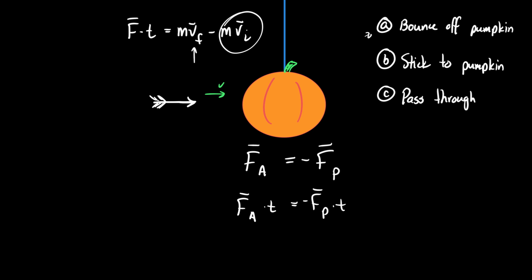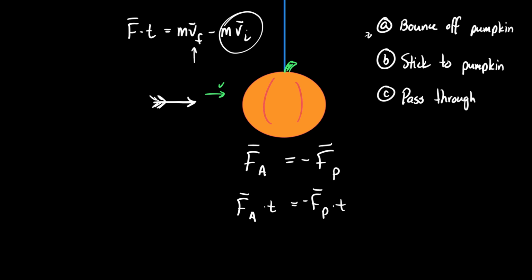So I think you can make the reasonable argument that for every impulse, there's an equal and opposite impulse. That's not just this question, that's all questions. For every impulse, there's an equal and opposite impulse. Because every force, there's an equal and opposite force.